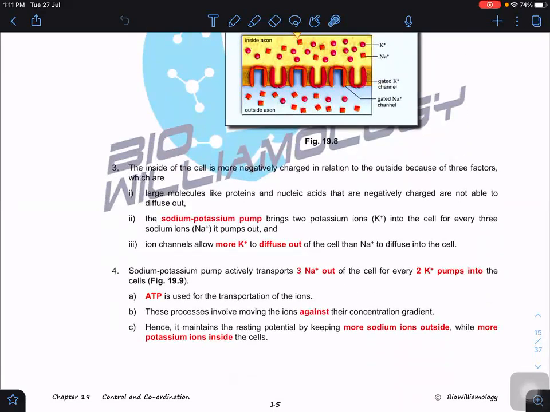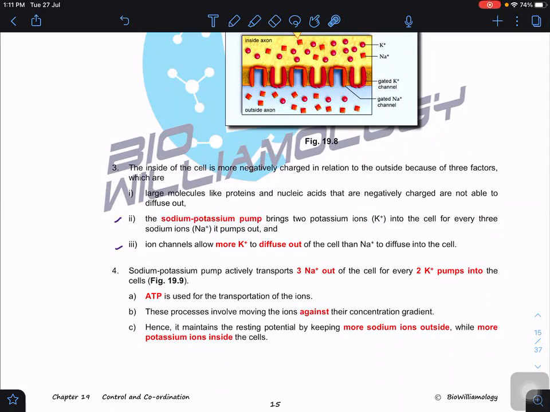So the inside of the cell is more negatively charged in relation to the outside because of three factors. But the most important factors are number 2 and number 3, which involve the sodium potassium pump actively pumping 2 potassium ions into the cell for every 3 sodium ions pumped out.